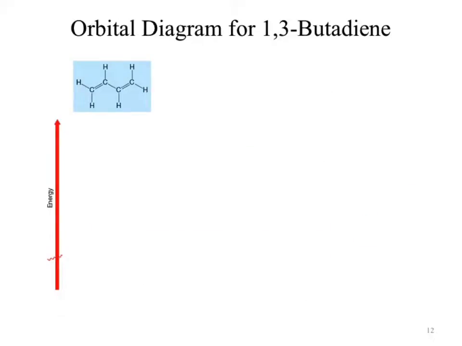Okay. Well, let's take a closer look at our molecular orbital diagram. We said we had 2 pi, right? Okay. 2 pi interactions, which means how many molecular orbitals should I get?